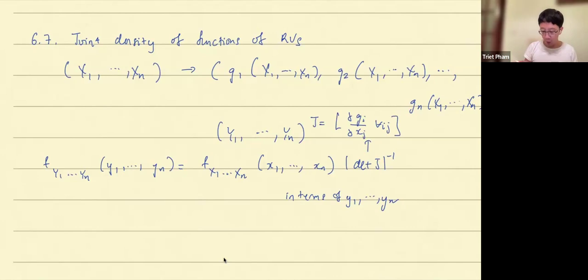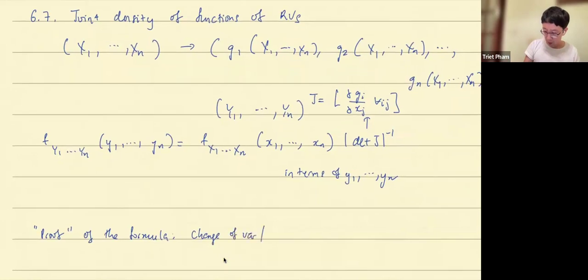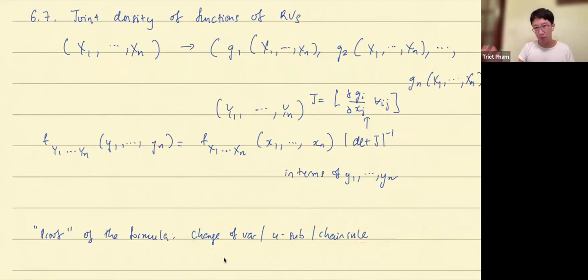If you want to ask where the formula comes from, or let's say the proof, we won't really prove it here, but it's really just either a change of variable, u-substitution, or chain rule. But of course, we're looking at the multidimensional version. So it's along this topic, and you can consult Calc 1, Calc 3 for the reason why it works that way.